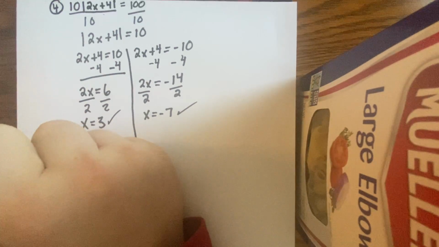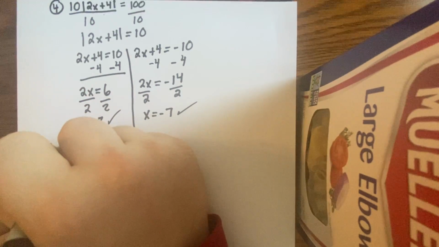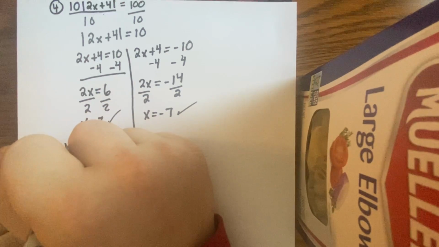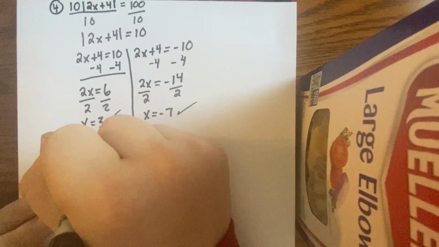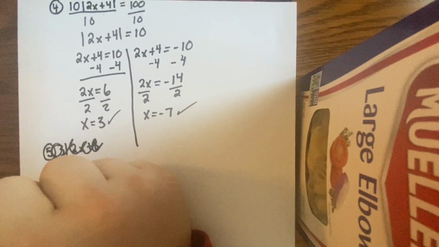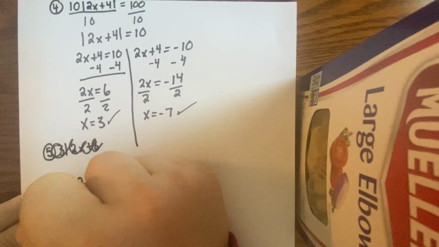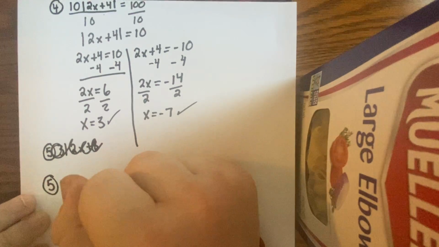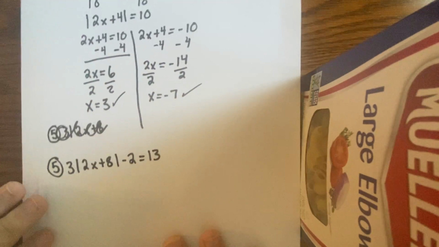I'm going to say this is the most difficult case. So we got 3 times the absolute value of 2x plus 8 minus 2 equals 13.